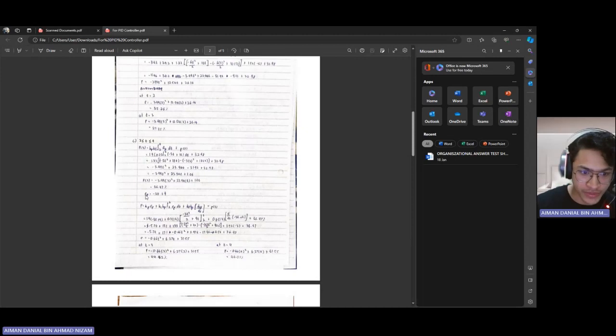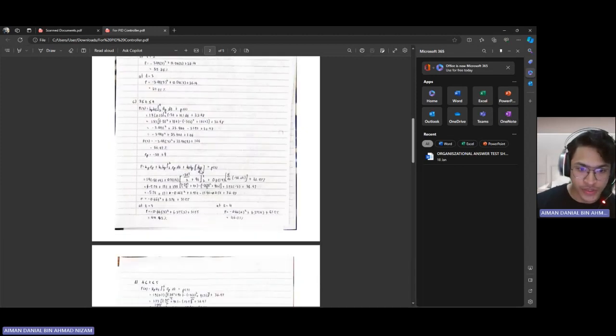And for determine the P for the current P, which is KP EP plus KI KP integral to the current value, EP dt plus KD KP dEP differentiate EP with dt plus P with the current value.